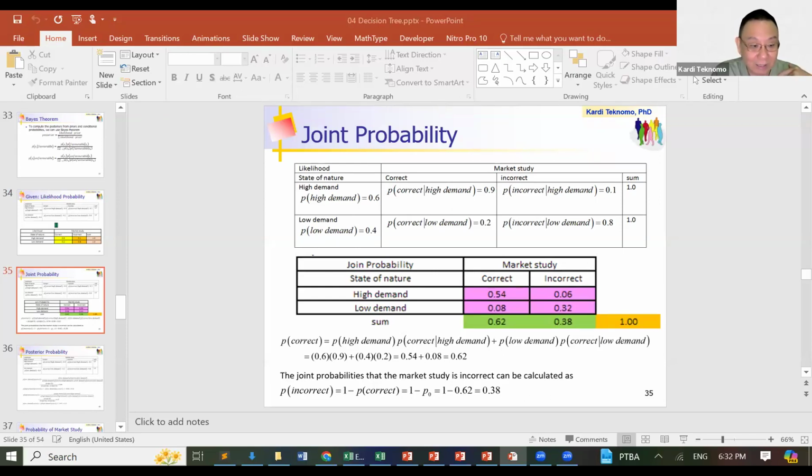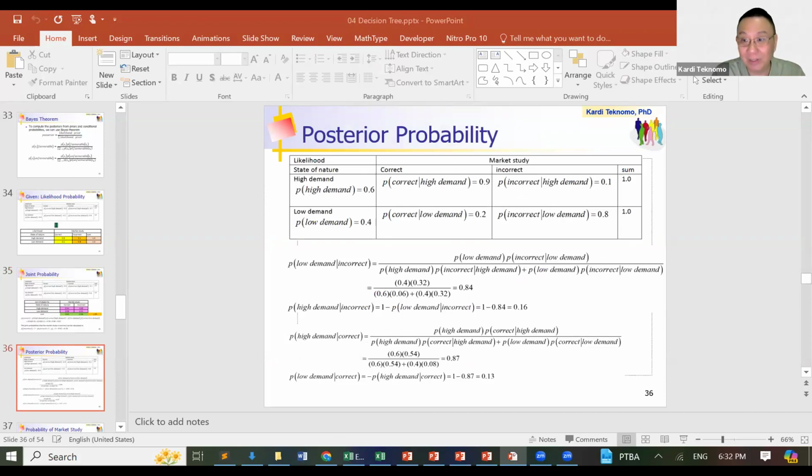Then you put it down, and you get the probability that the market study is correct or incorrect. From there you can calculate the posterior. Posterior is just the other way around.